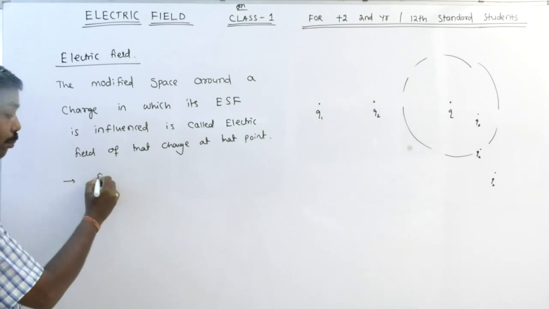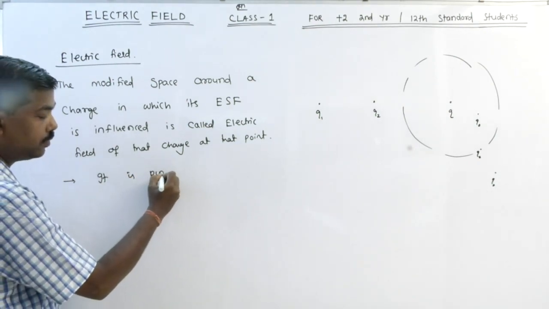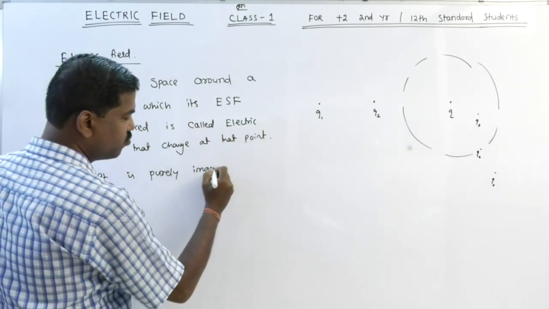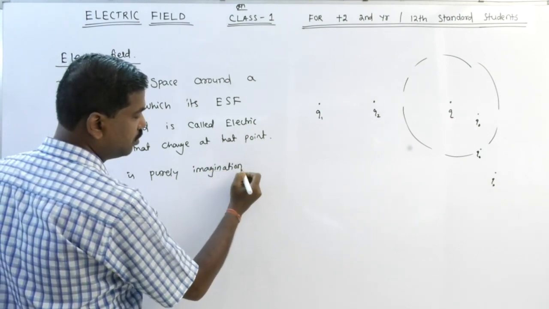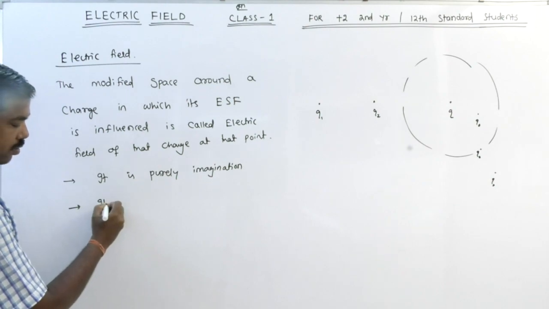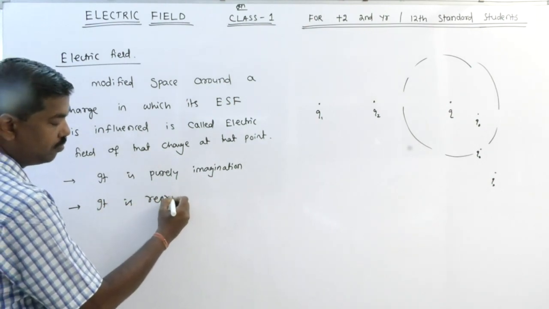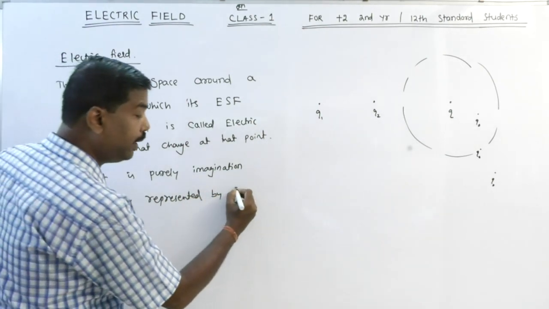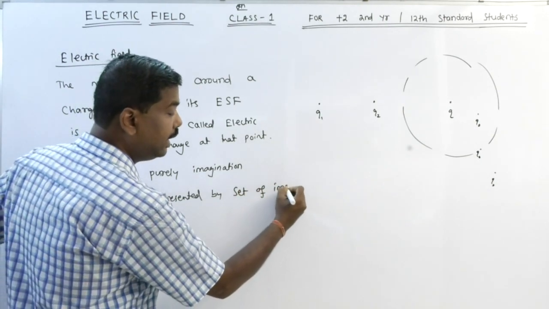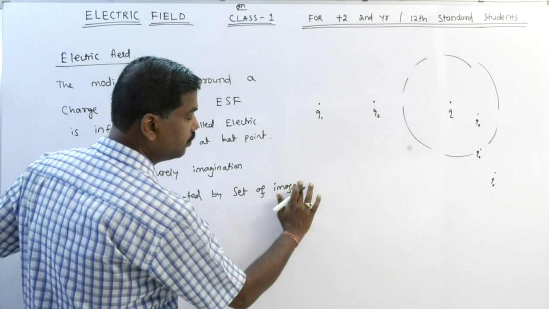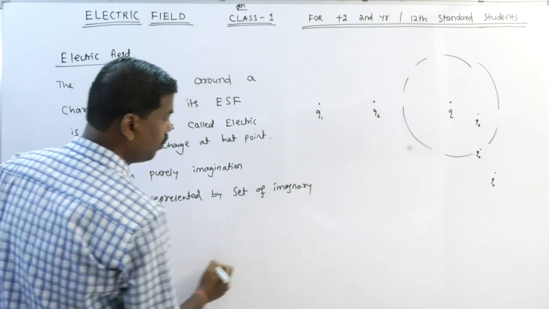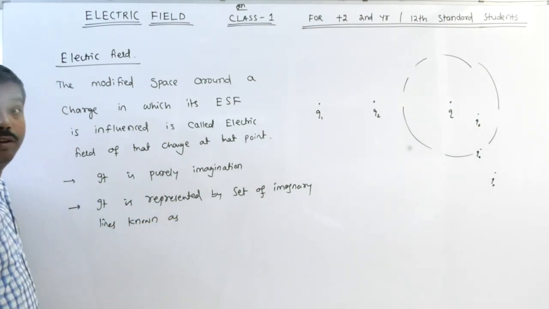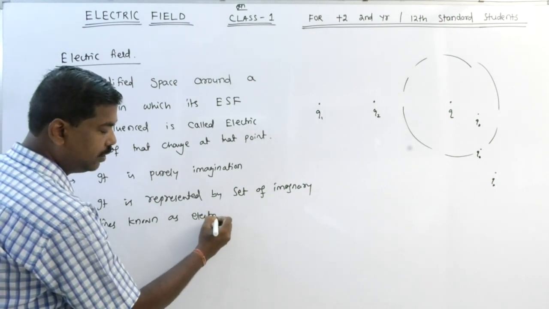It is purely temporary. Purely imagination. It is represented by a set of imaginary lines known as electric field lines.